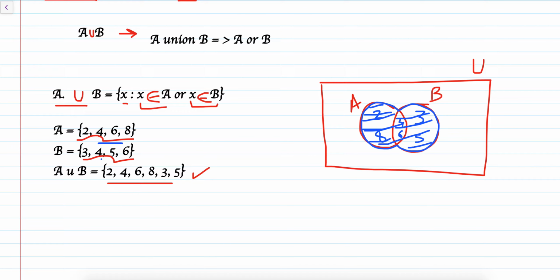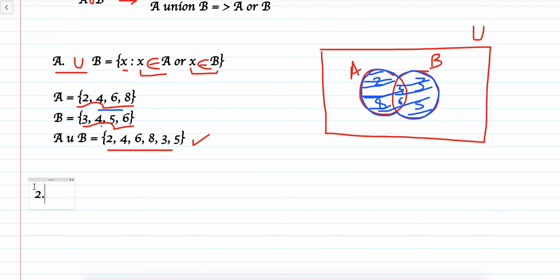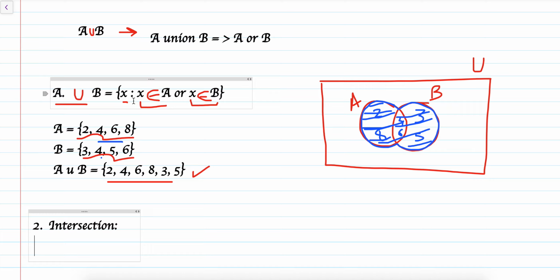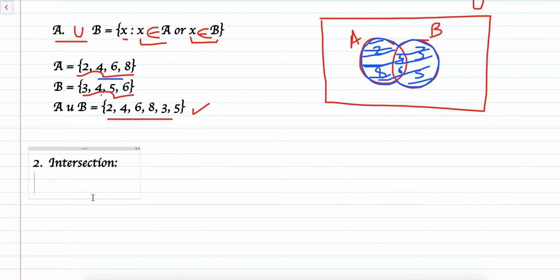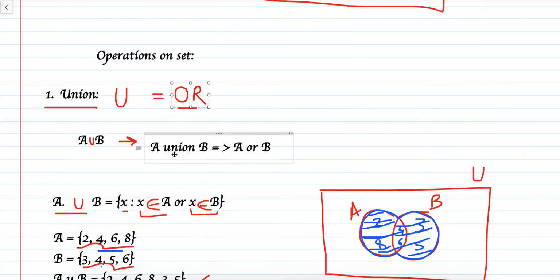So now let's move to our second operation. The second operation we will see is intersection of two sets. In union we had taken all the elements that were present in either A or B or both, but in intersection we will only find out the elements which are common to both. I had said that union we will treat as OR, right?